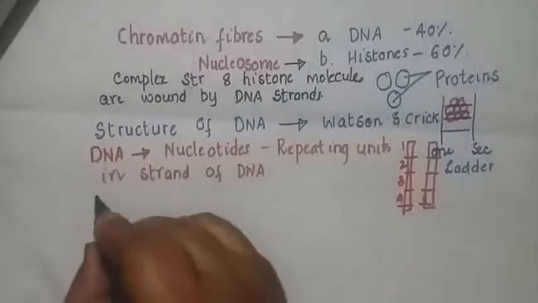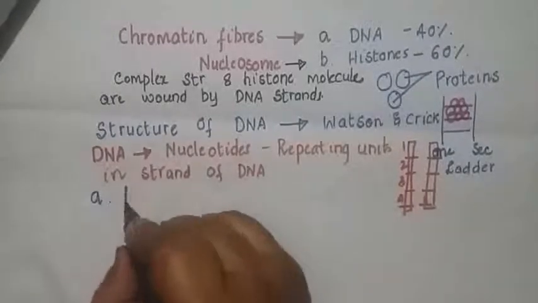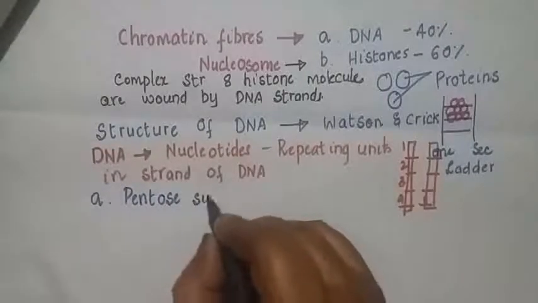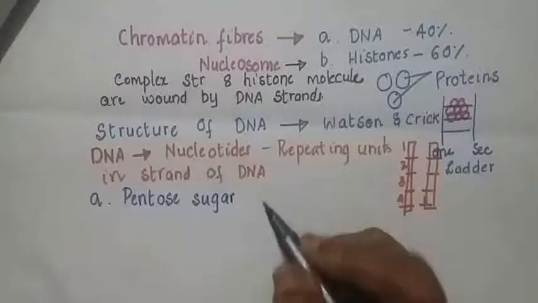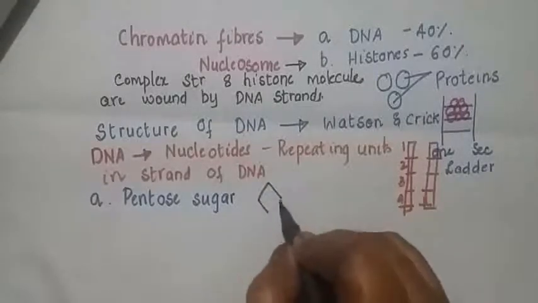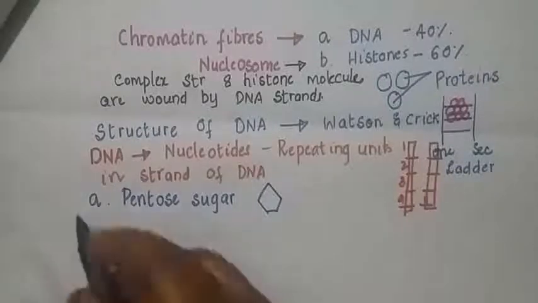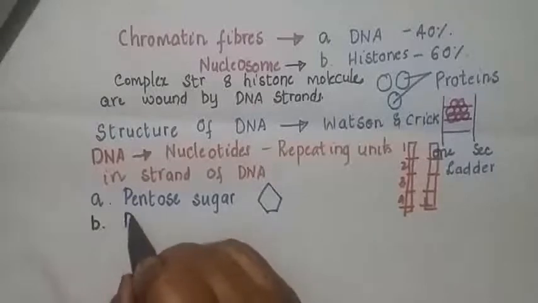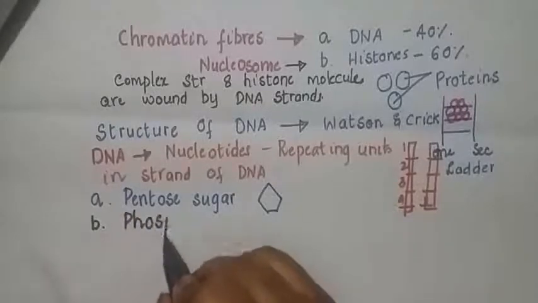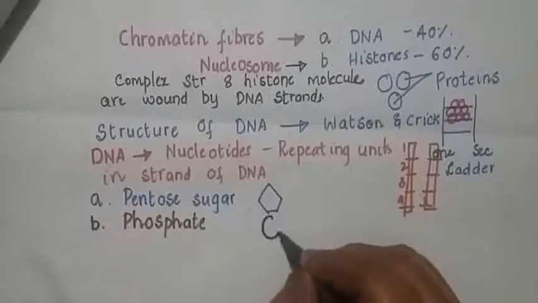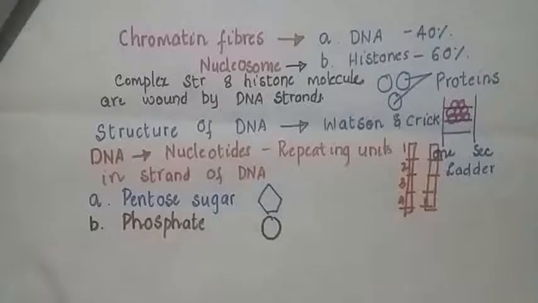What are they? The first part is known as a pentose sugar, which can be represented like a pentagon. The second part of a nucleotide comprises a phosphate, which can be represented using a circle.